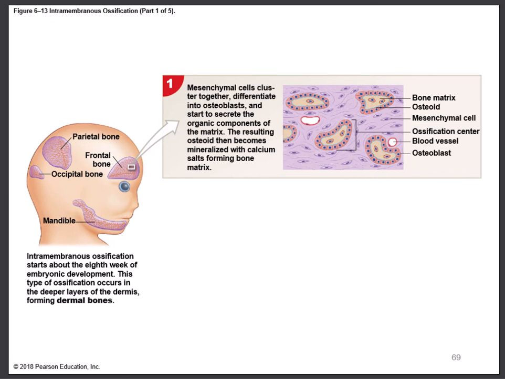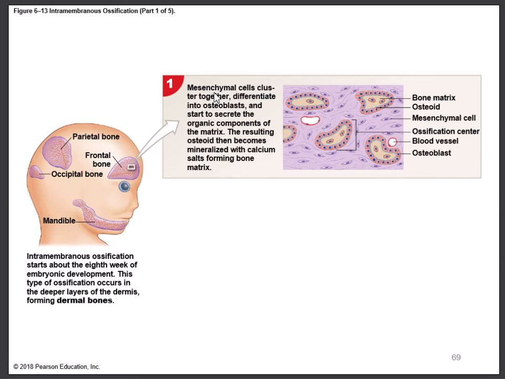If you notice here, we have a picture of a little fetus. We're looking at the cranial region, and we're going to look at, in this case, the formation of the frontal bone. So the first step here, the mesenchymal cells. Whenever you hear mesenchymal cells, think embryonic stem cells.